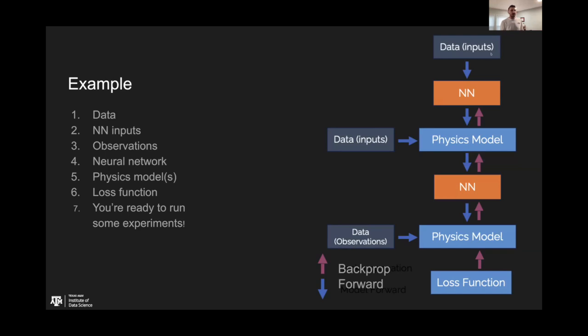The neural network would take in your data, use some weights and biases, and calculate some value of m for you. Then you would run your y equals mx plus b. You could potentially add more neural networks if you like, and you end up getting this output that's in your loss function, which is, say, stream temperature, whatever you're trying to predict.